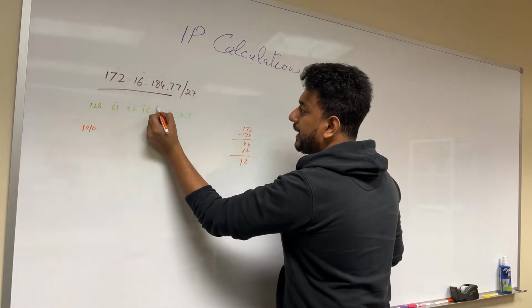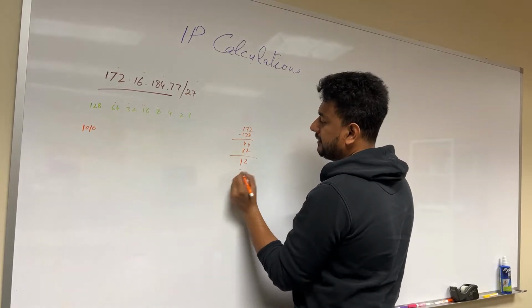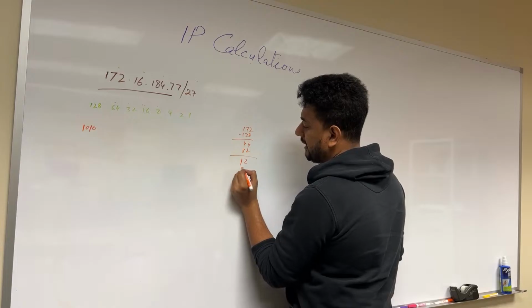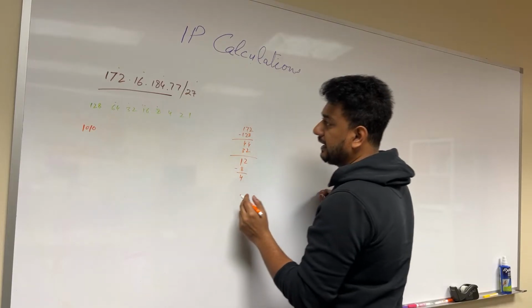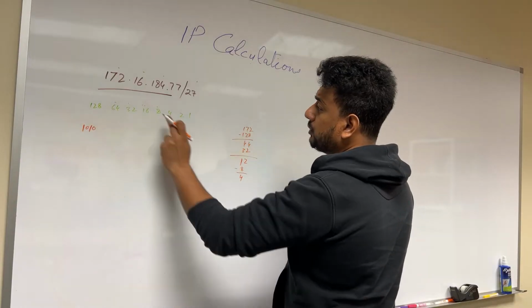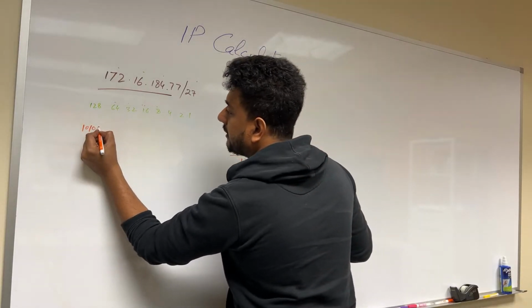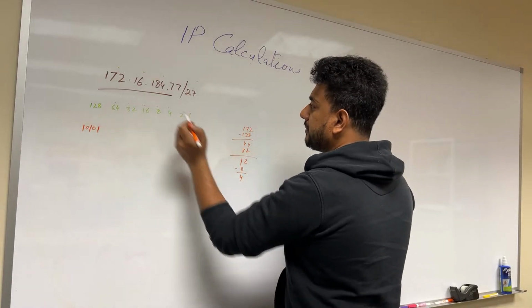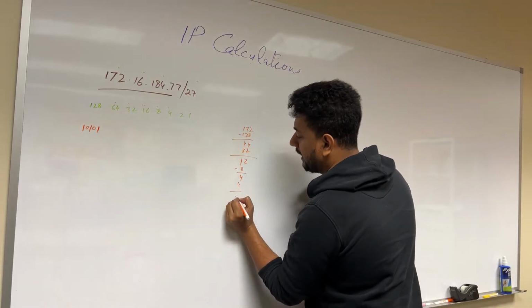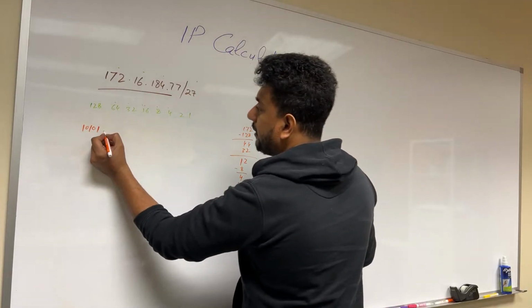Then can we minus 8 from 12? Yes, because 8 is the smaller number. So we get 4, and as we could do 8, we write 1. Then the next bit is 4. We can do 4 as well, and the remainder will be 0.